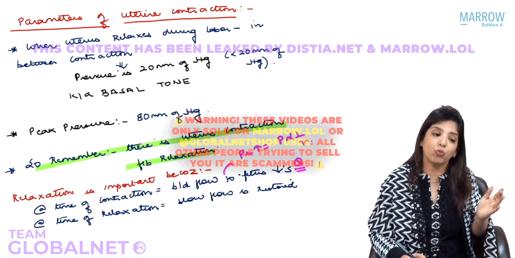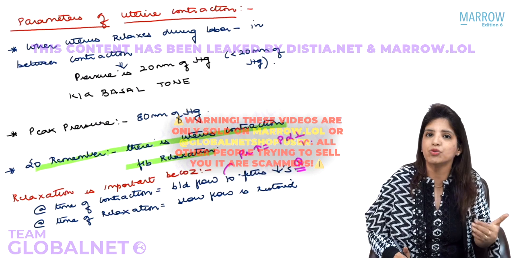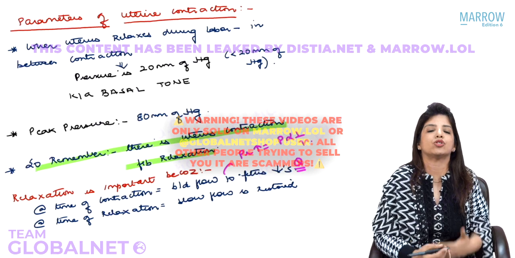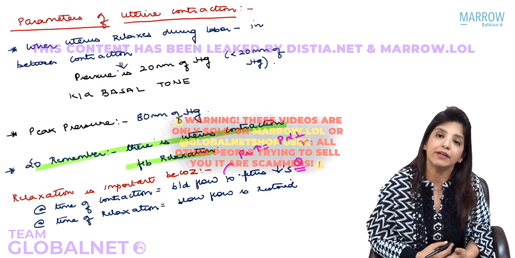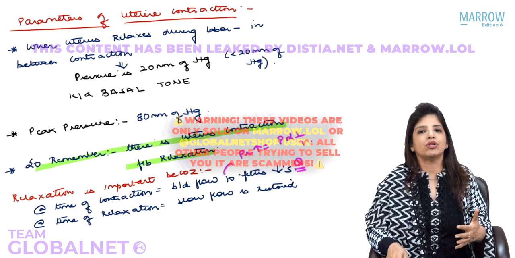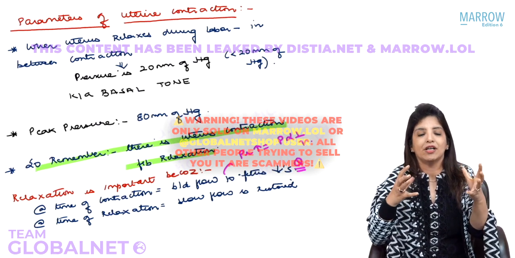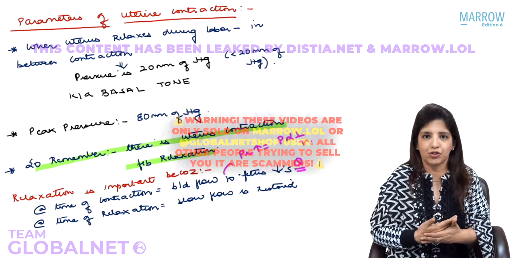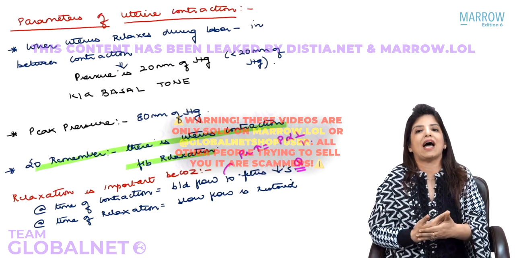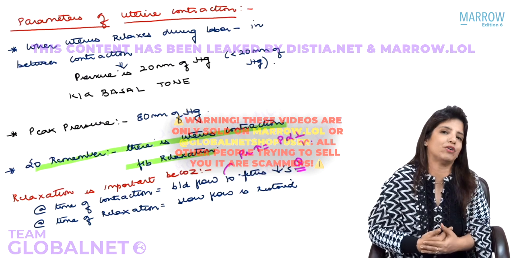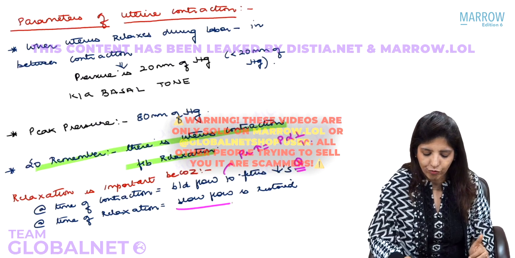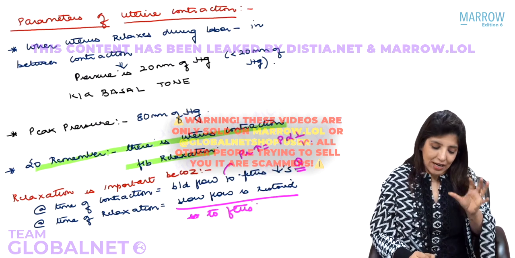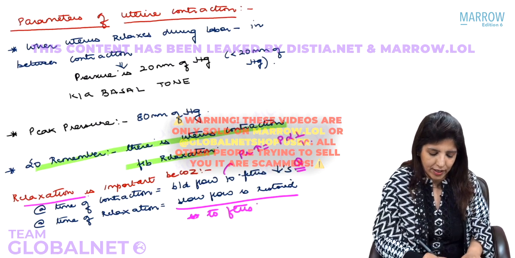So remember that when the uterus will contract, the intrauterine pressure is going to increase, and because of that, the volume of blood which is going to the fetus will decrease. So imagine if the uterus remains in a contracted state, it will lead to fetal distress. So we do not want tetanic contractions. We want the uterus to relax in between, because when the uterus will relax in between, then the blood flow to the fetus is restored. Right? So relaxation is very, very important.